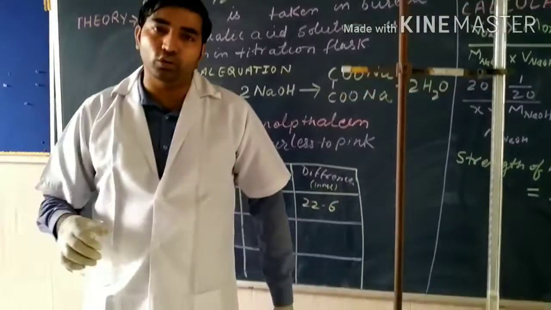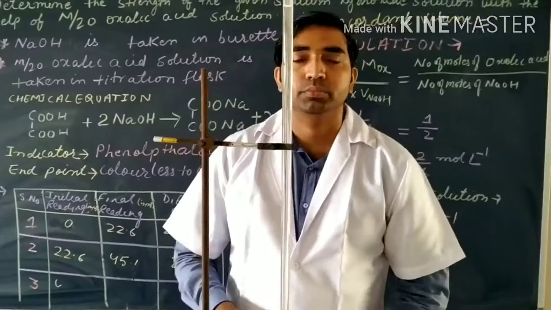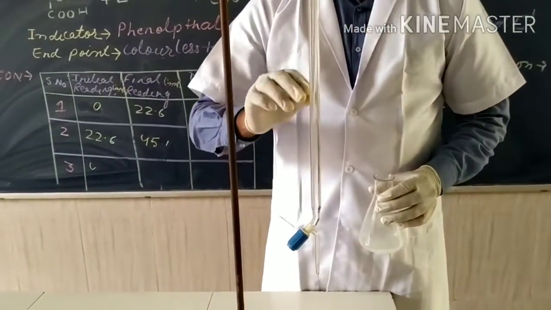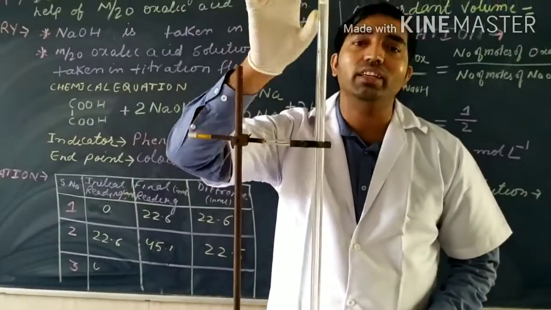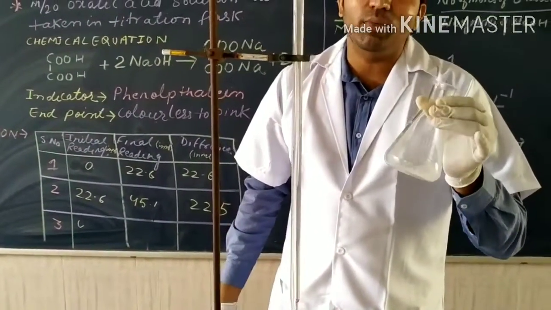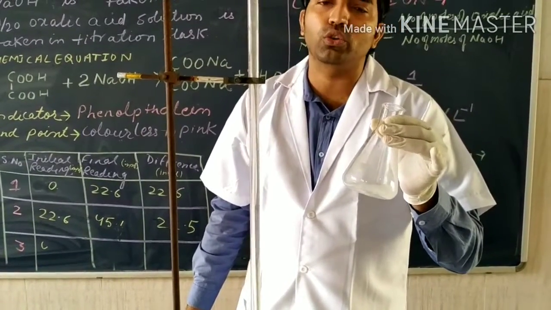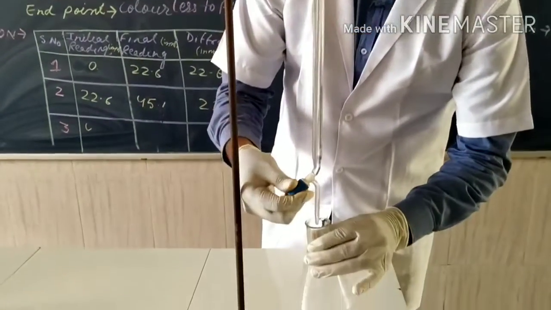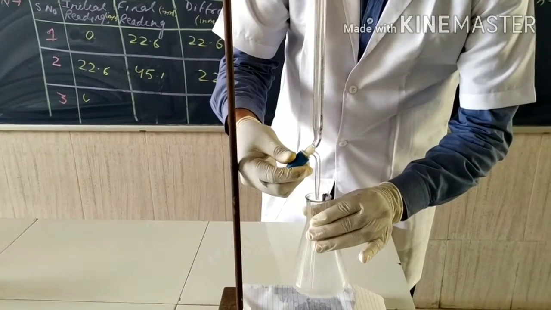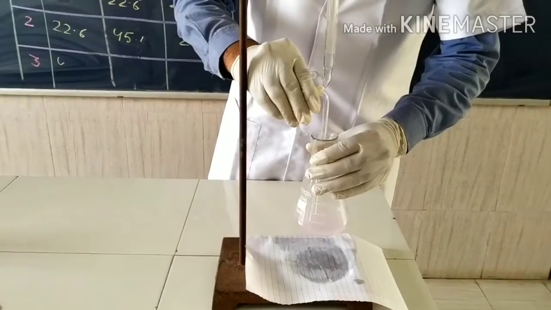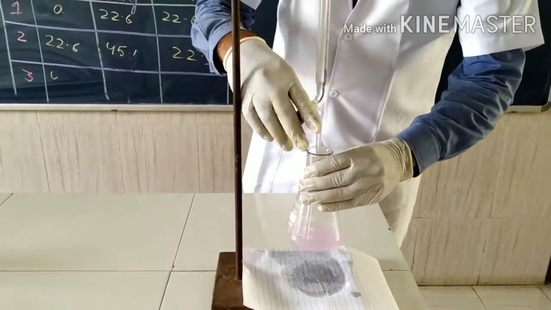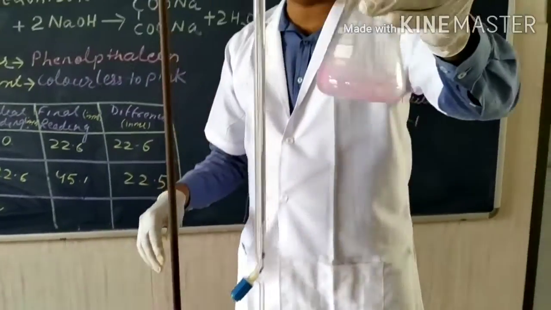And the repeat volume. As the volume remaining of NaOH is very less, I am taking from the initial, that is 0. This contains 20 ml of oxalic acid solution with 2 drops of phenolphthalein indicator. See, the color is the lightest permanent pink.